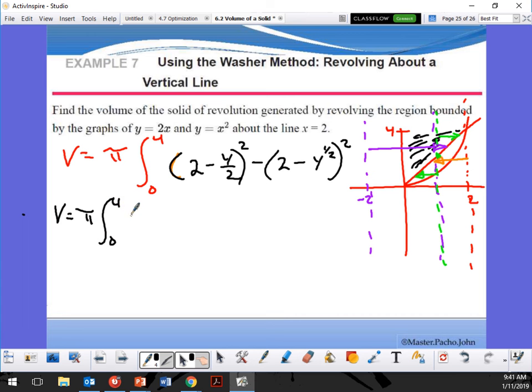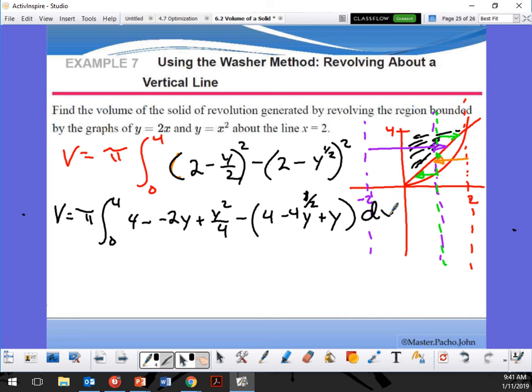So 4 minus this times that is negative 2y plus y squared over 4, minus parentheses 4 times this, 4y to the 1/2, plus y, dy.